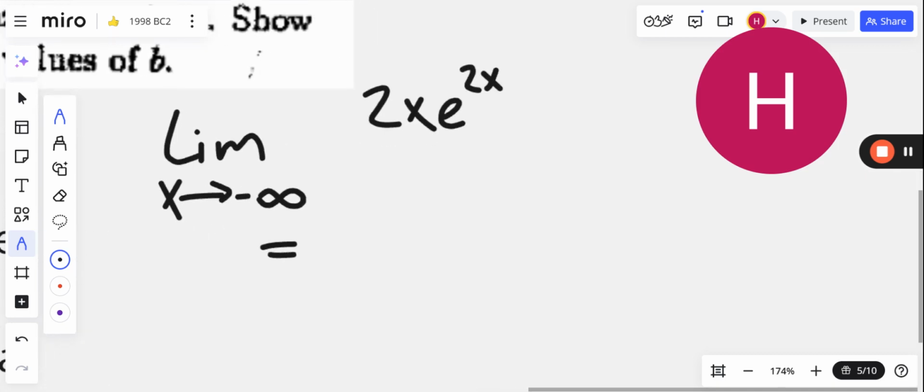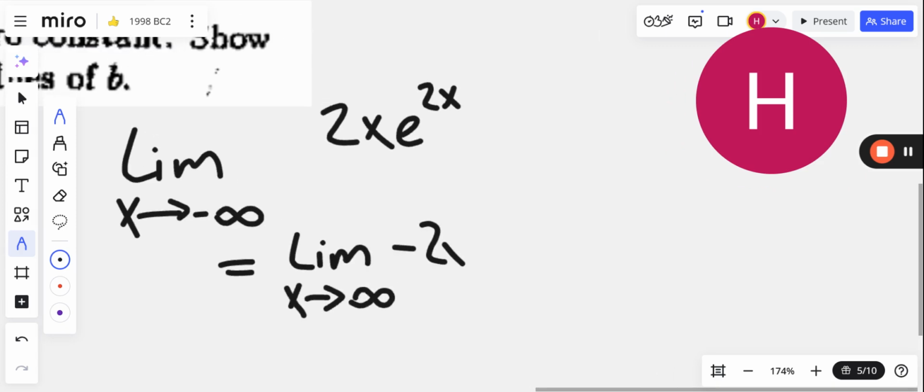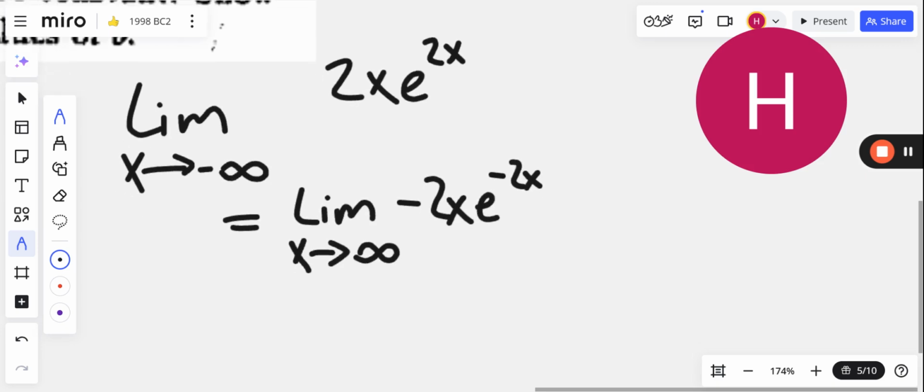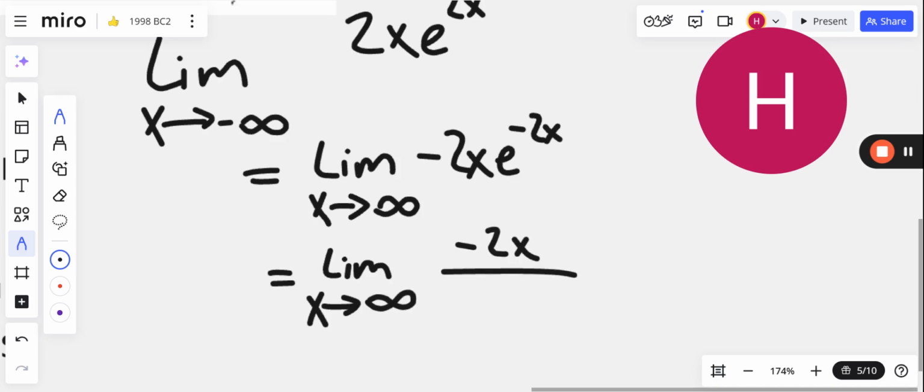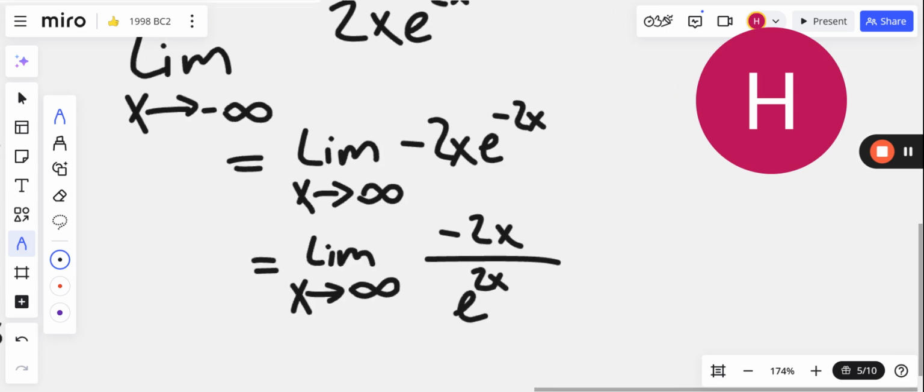Well, this is basically going to tell us the same thing as the limit as x goes to infinity of negative 2x e to the negative 2x, which is going to be equal to the limit as x goes to infinity of negative 2x over e to the 2x.